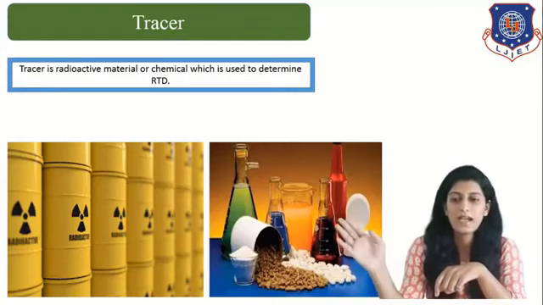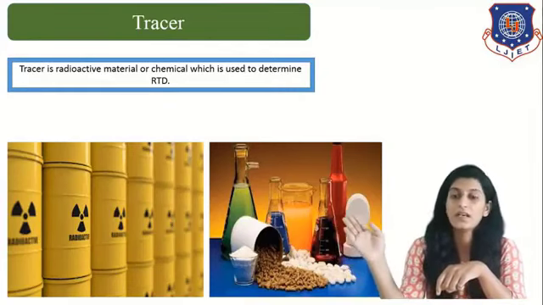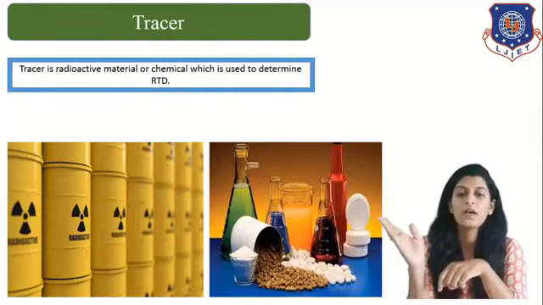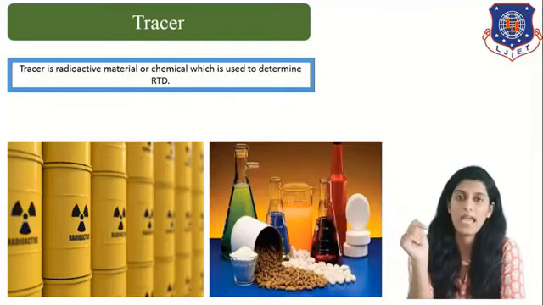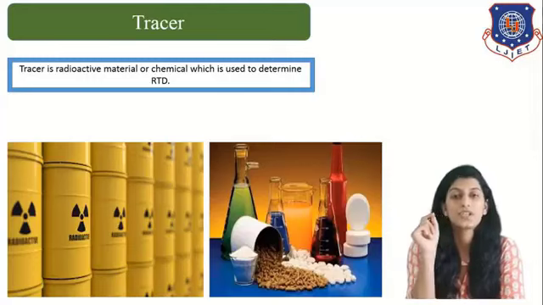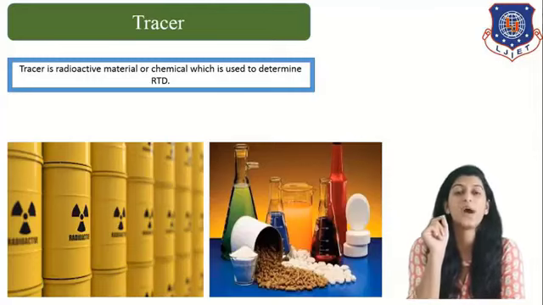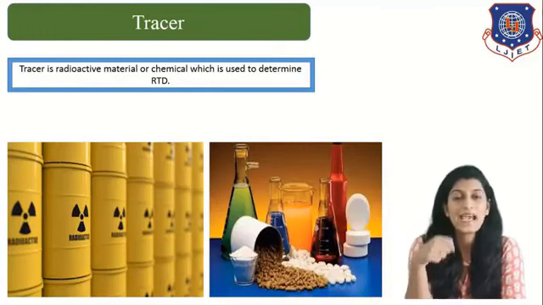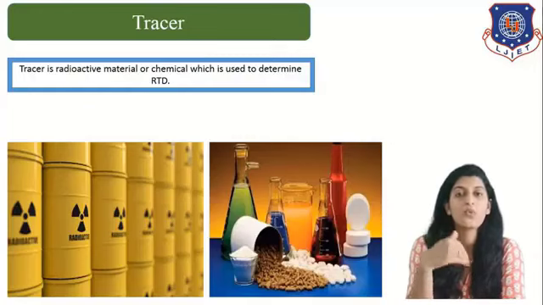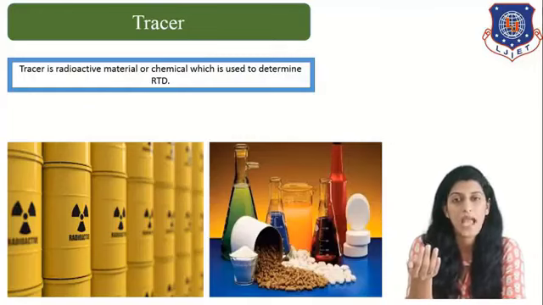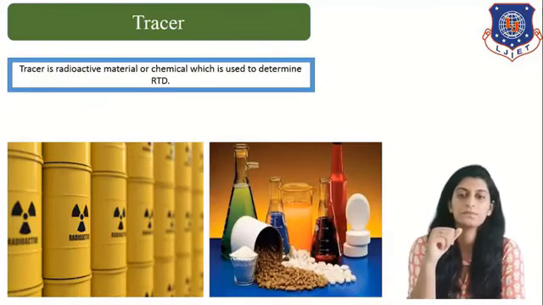Tracer selection is quite essential, and the selection of tracer depends on the type of reactor and the type of reaction happening inside it. What type of reaction is occurring in your reactor, or what the properties of your reactor are, depending upon that we will select a tracer, correct?